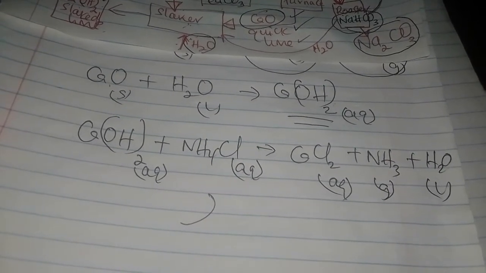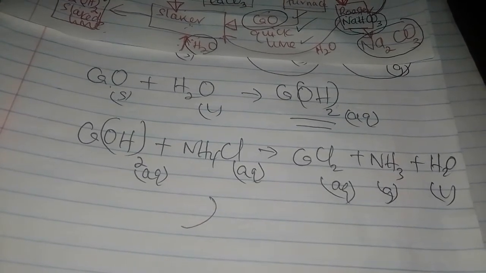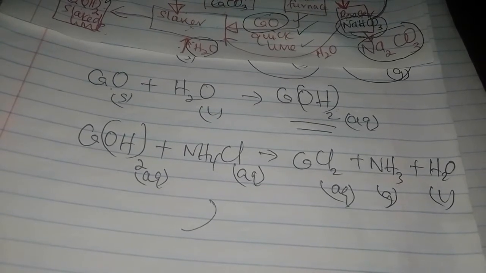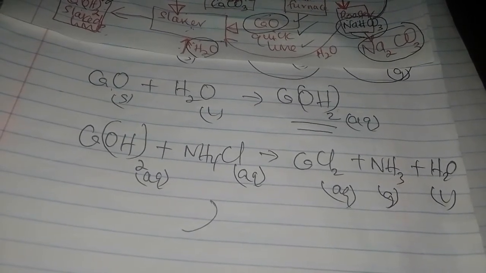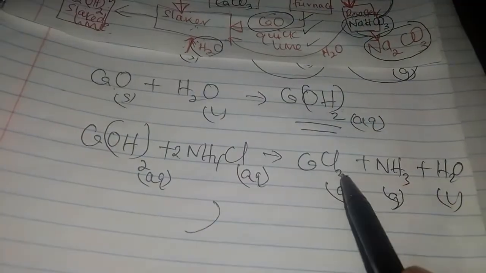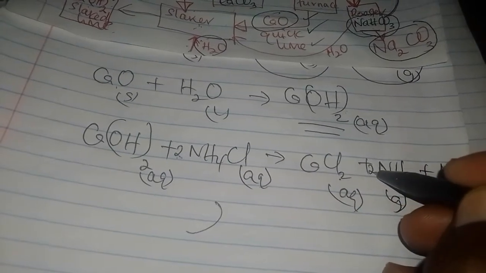Look at that. So in this case, I've had a chance of knowing how these products are formed. In that manner, we can put 2 here, because you have 2 chloride atoms and you have 1 here. It means they are supposed to be 2. 2 nitrogen atoms, I can put 2 here. Good.